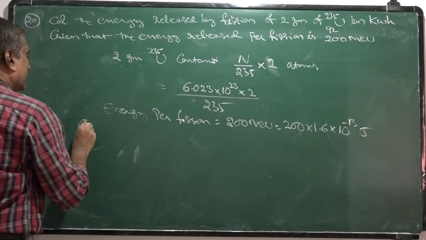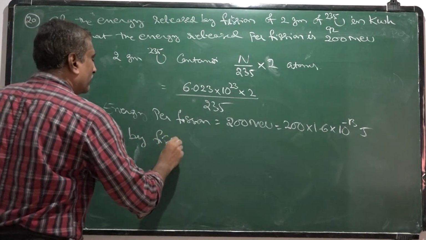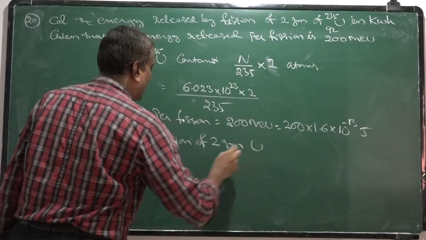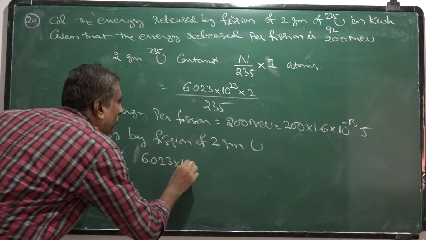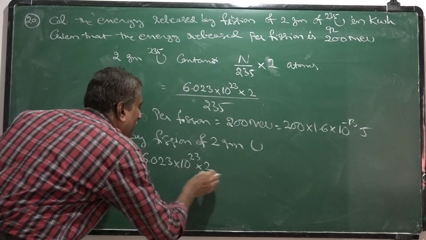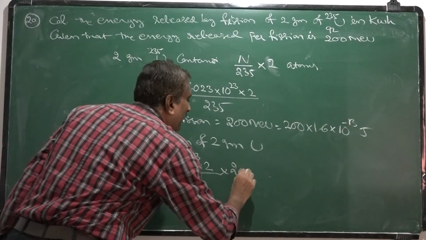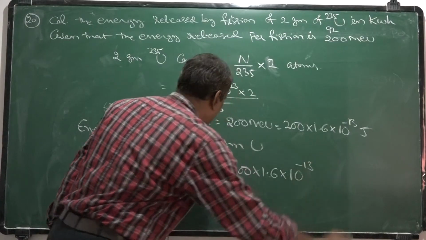So energy released by fission of 2 gram of uranium is equal to 6.023 into 10 power 23 into 2 divided by 235 into 200 into 1.6 into 10 to the power minus 13.